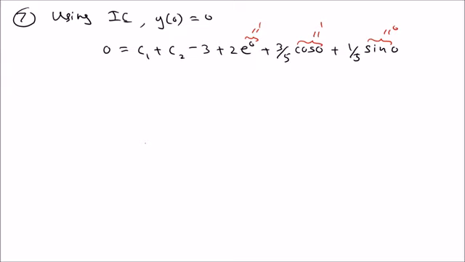You're going to get 0 equals c1 plus c2, and we have minus 3 and also we have 2 here, so it's minus 1 plus 3/5, that means minus 2/5. That's what you get. I'm going to call this equation number 3 because we already have 1 and 2.